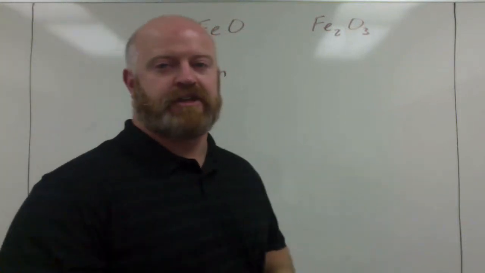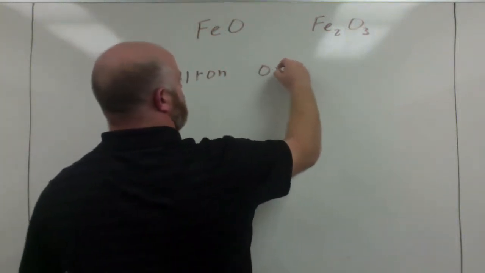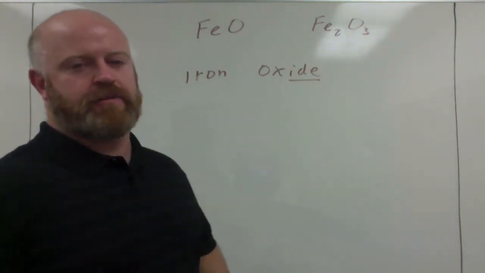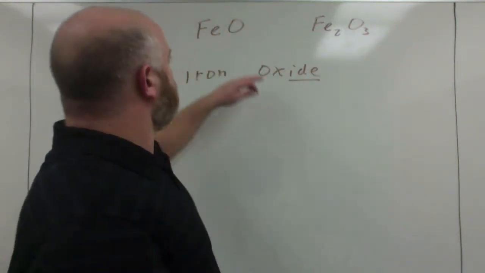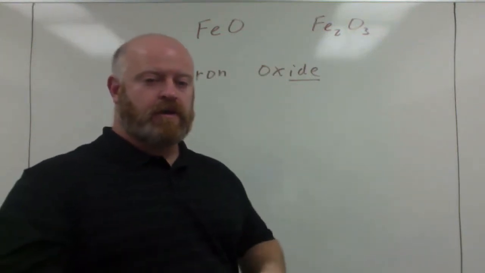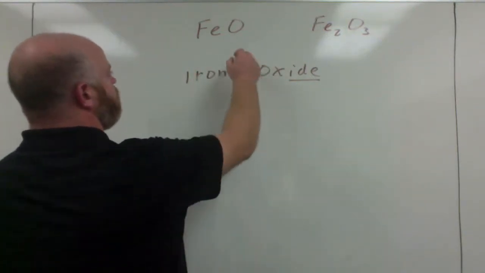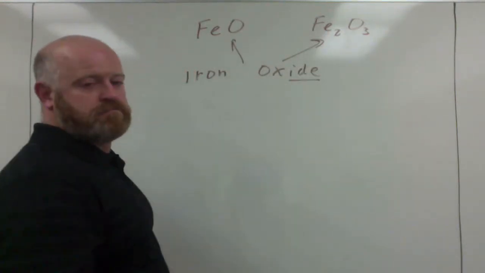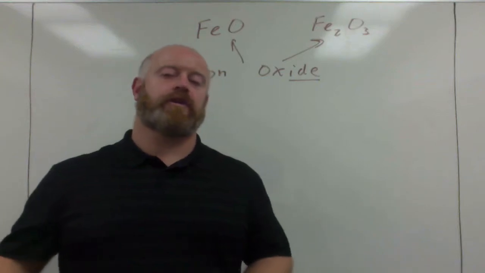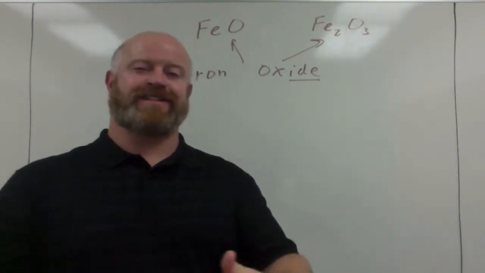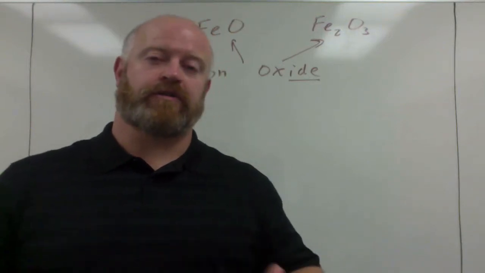And then oxygen, we call that oxide. We change that ending from oxygen to oxide. So we go from iron, oxide. Okay? Here's a problem. If this is iron oxide, and this is iron oxide, how do we know which one we're working with? And we really don't. So we had to have a better system in place to identify which one is which.